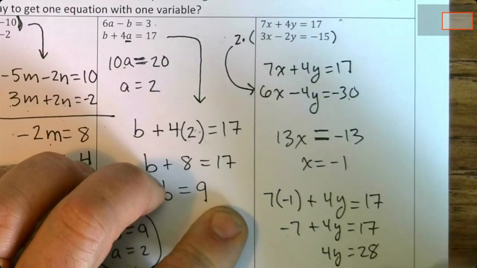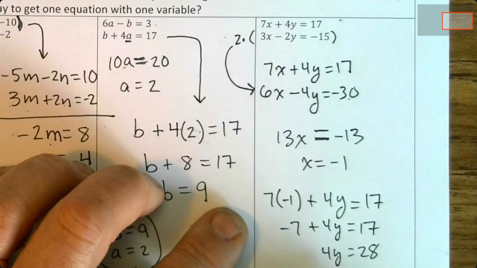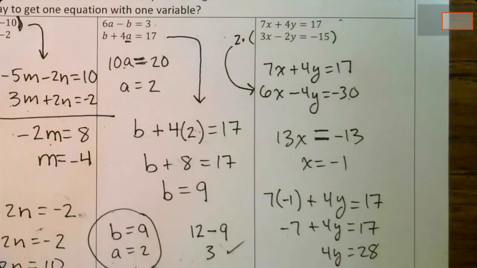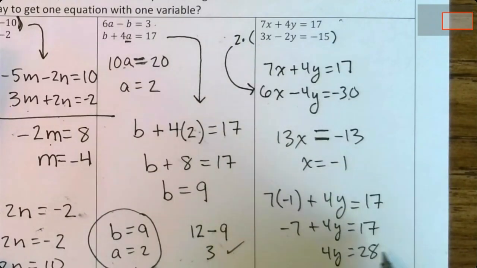And if I divide both sides by 4, that's 14 is half of 28 divided by 4. Am I really picking up a calculator right now? Oh, that's my problem.